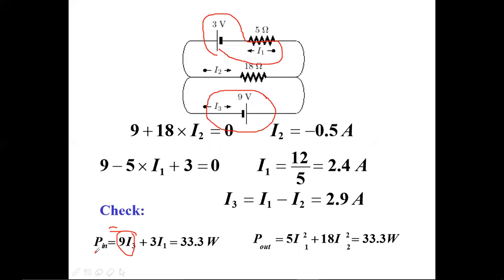Here, the input power is nothing but, what is the power formula? V into I. Am I correct?